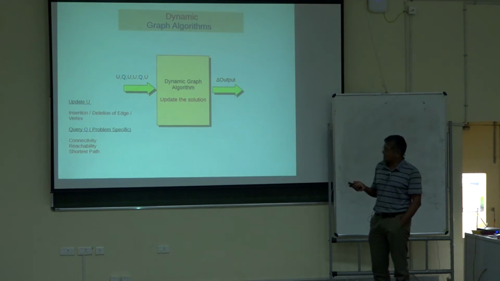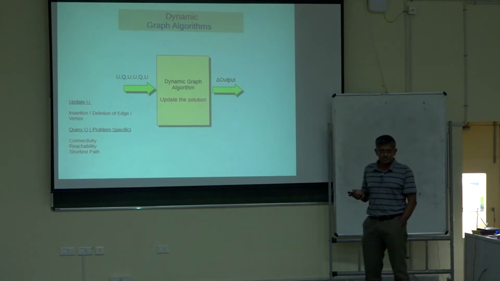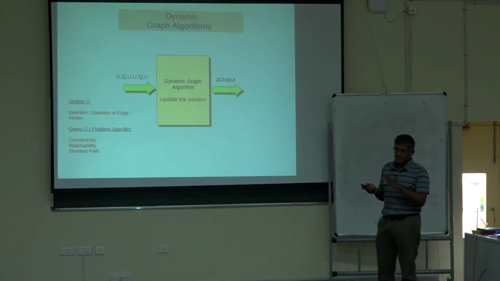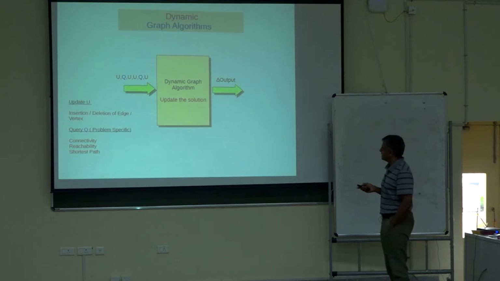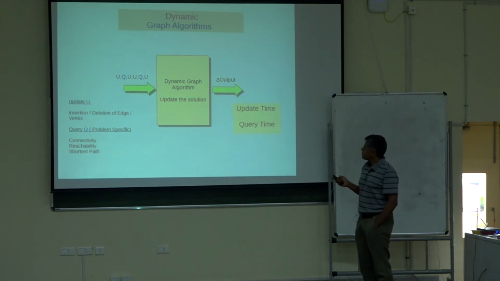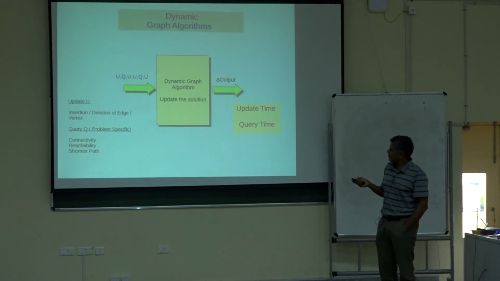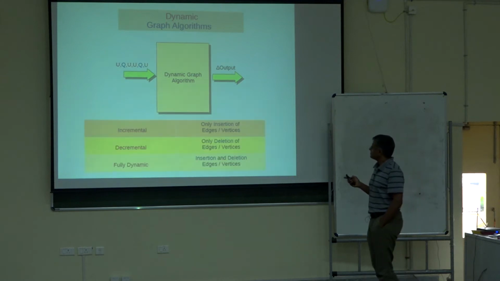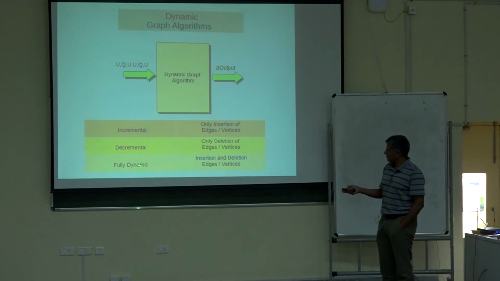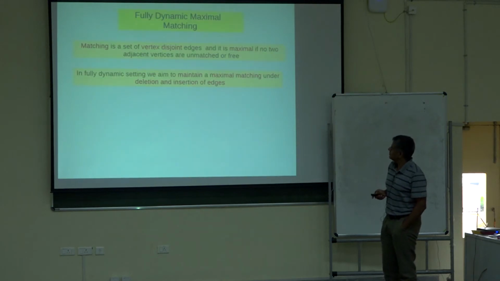That would be the amortized analysis, and that's the analysis that we will do. You could also ask for the worst case time for each of these. Again, there are multiple frameworks here. We are interested in the fully dynamic framework, and in graph algorithms, which is what we've been talking about all along.